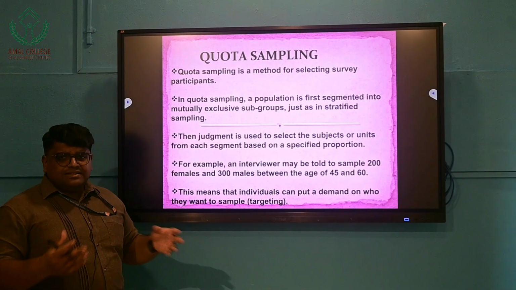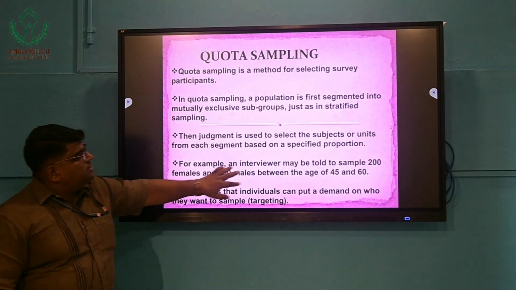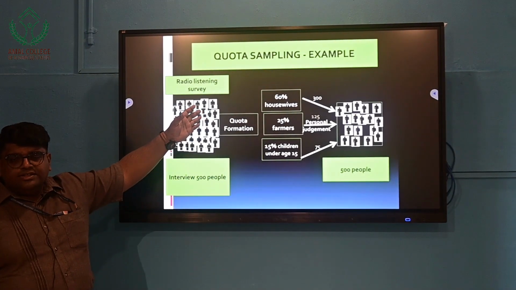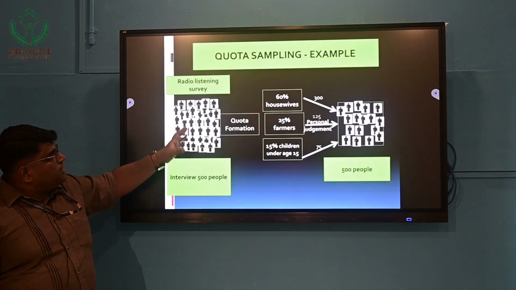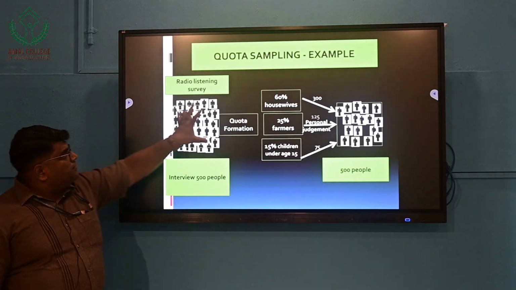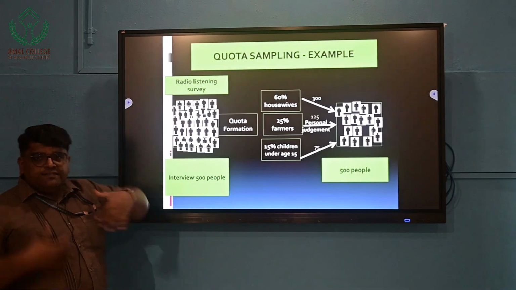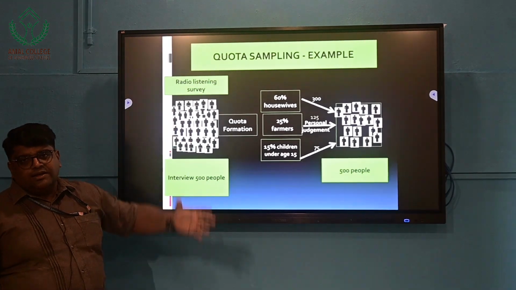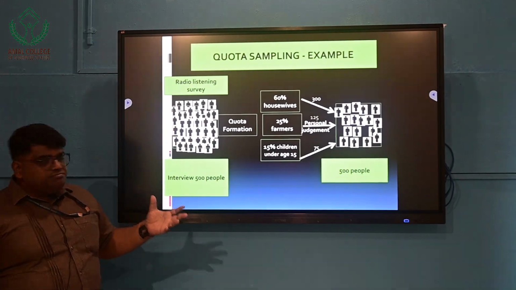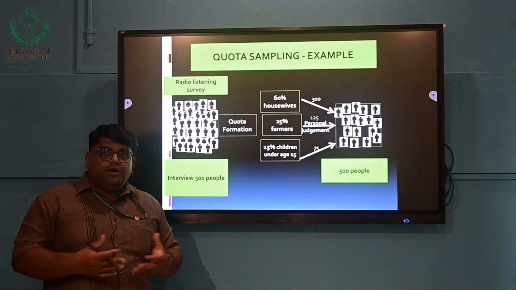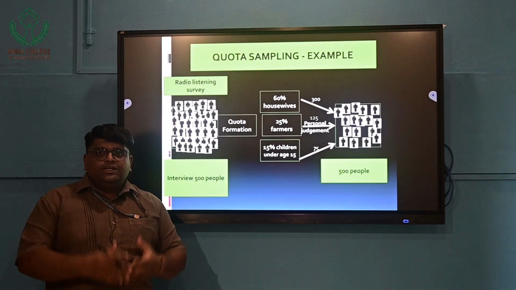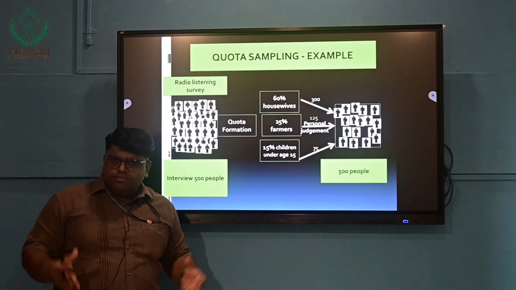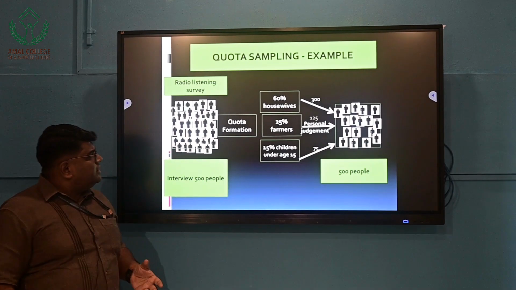Now this can be very easily explained with the help of an example. You can see this particular example. Suppose as an investigator, I am trying to survey the radio listening capacity of people in a city or in a taluk or in a proper municipality, right?